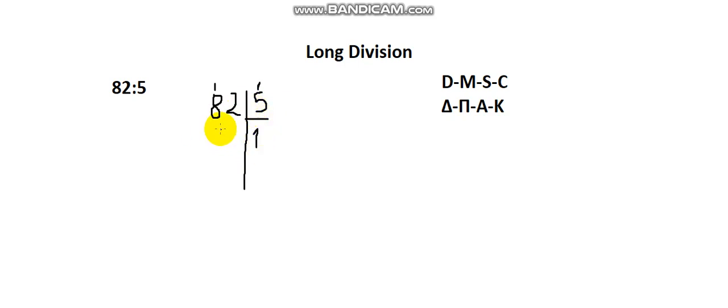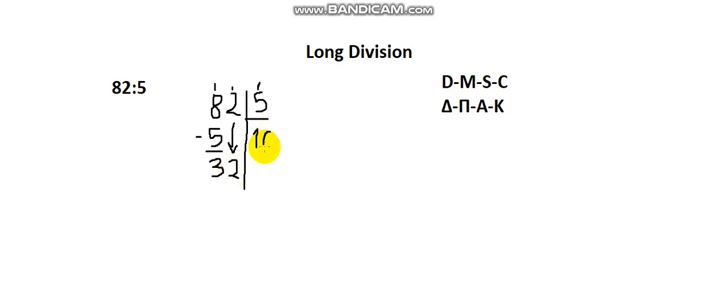1 times 5 makes 5. And then I subtract. 8 take away 5 makes 3. My next step, pull down the next digit, the 2, next to this 3, and it becomes 32. And then I start again. How many times does 5 fit into 32?